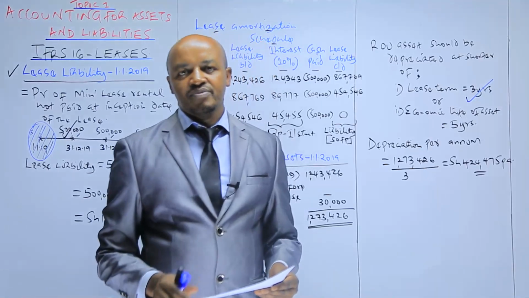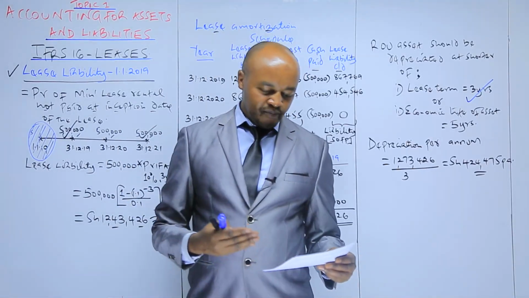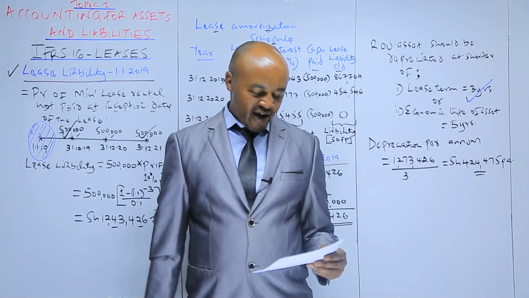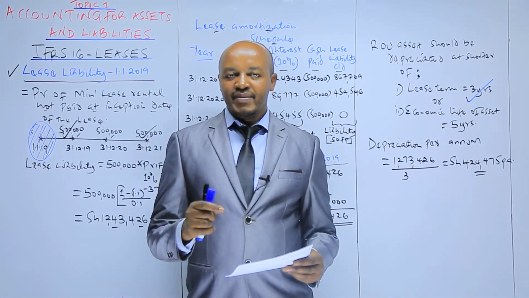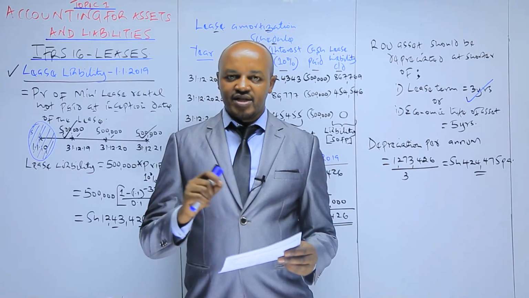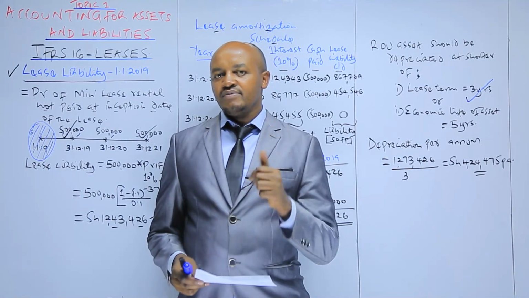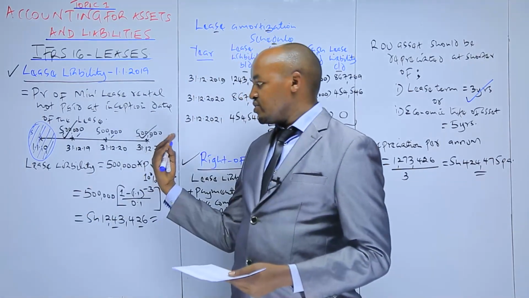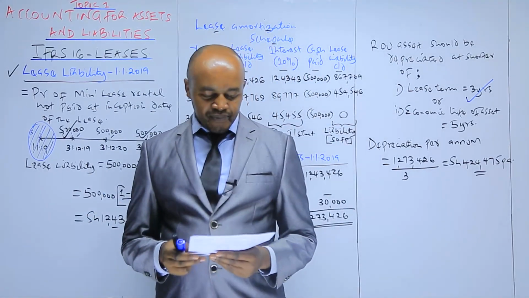You illustrate how this lease will be accounted for over the period of 3 years. What you are supposed to remember is that the lessee, the company which has leased this asset, will recognize 2 items. One, the lease liability, and we have looked at how we determine that, which should be amortized over the term of the lease.